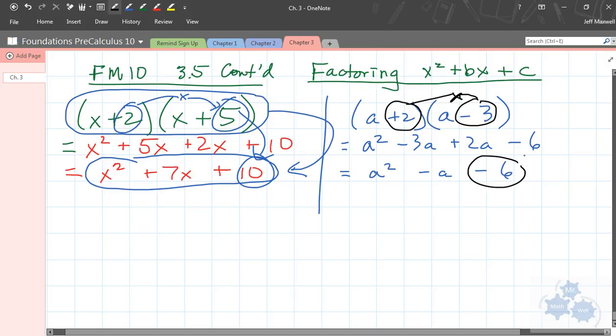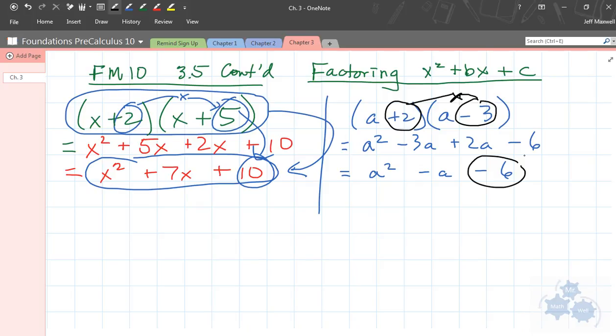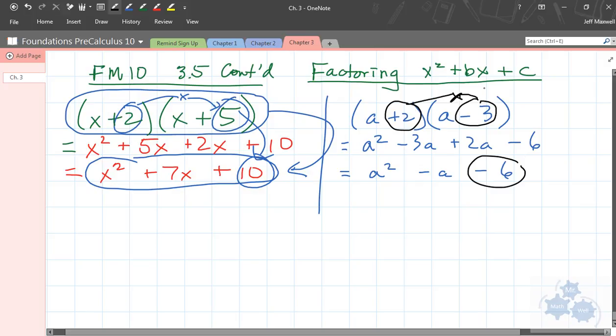So what we're finding here is there's a connection between the expansion and the product of the binomials. So there's 2 terms in the binomials, and the 2 terms here that we're focusing on, that's the b value, right? Here's the b value, and here's the c value.